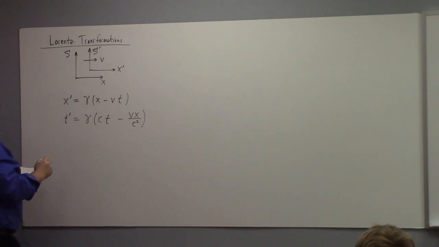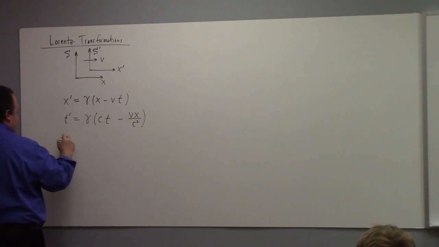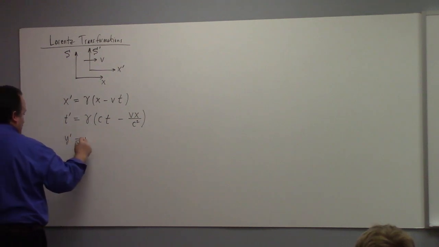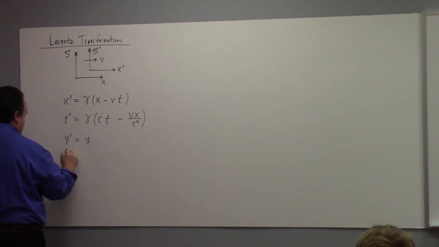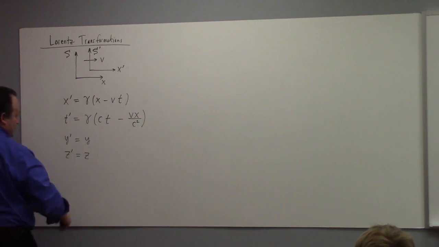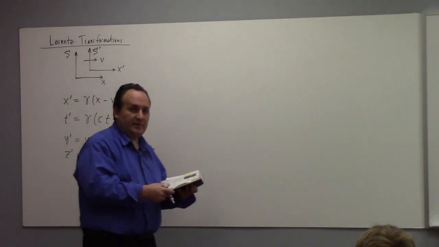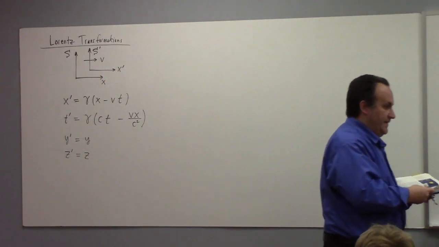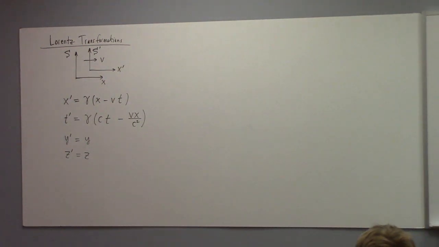What I didn't mention, but I should also, is that y prime is equal to y and z prime is equal to z. So if we continue this to 3 dimensions, nothing happens to y and to z.